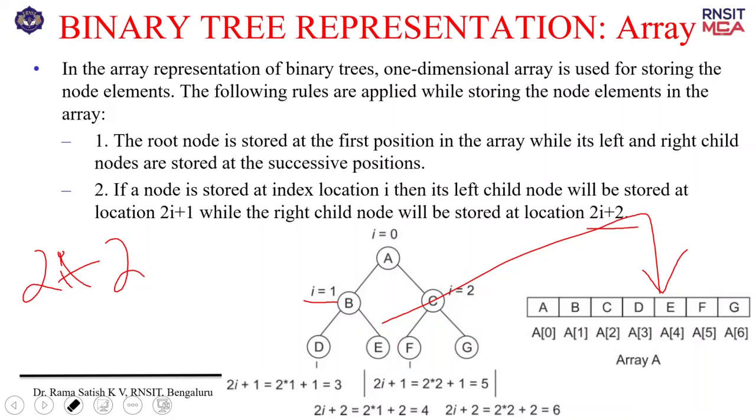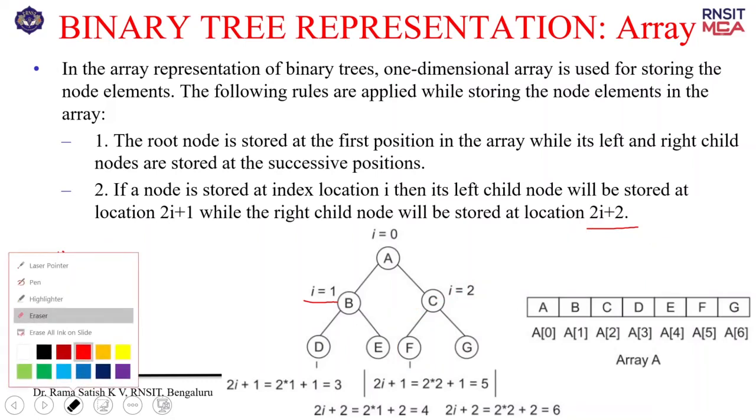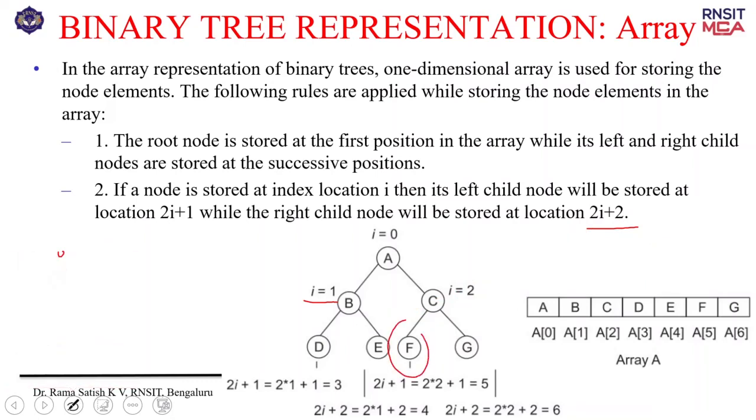Same way, the next element is F. If you want to store F, F is the left element, so the left element formula is 2i plus 1. Here i is the parent position. F's parent is C, and C's position is 2.